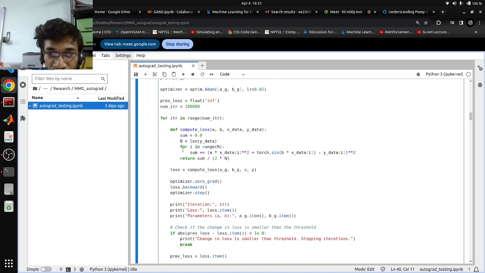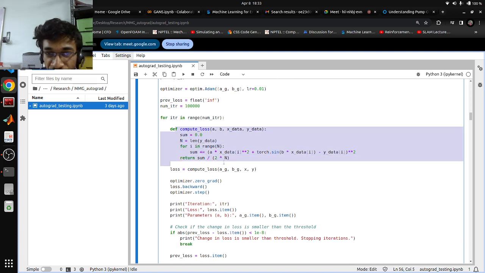Maybe we'll come to the core here. I'm creating a function called compute loss for each iteration. I'm trying a gradient descent kind of approach here.